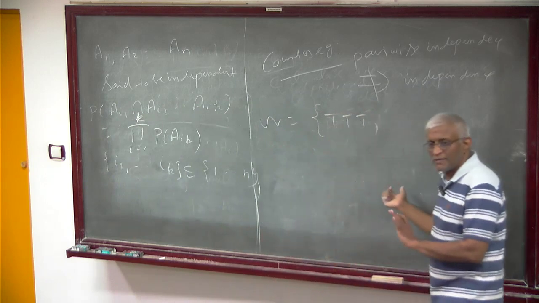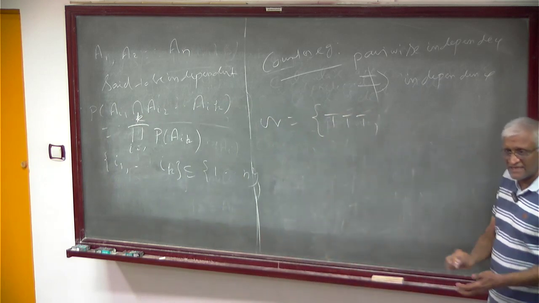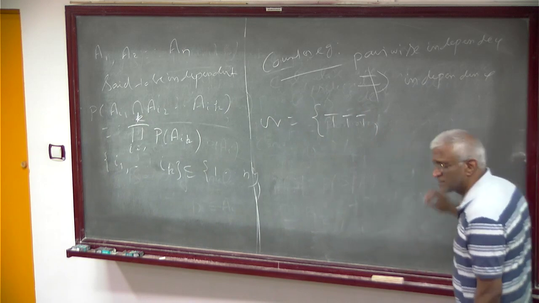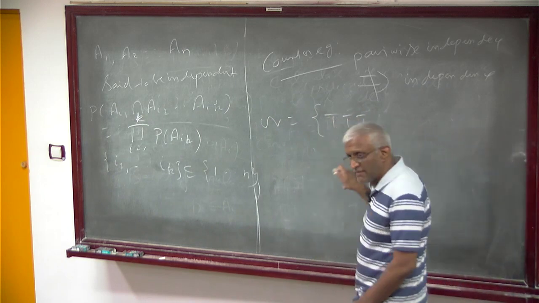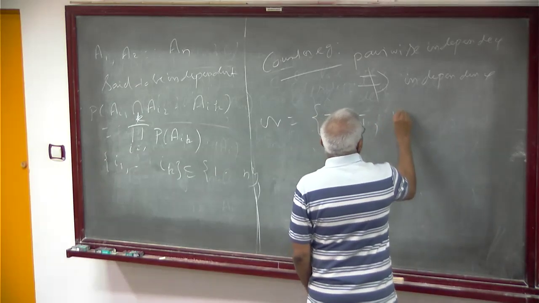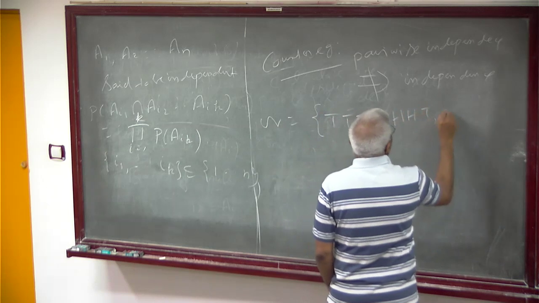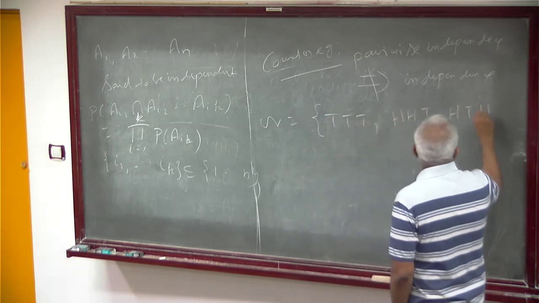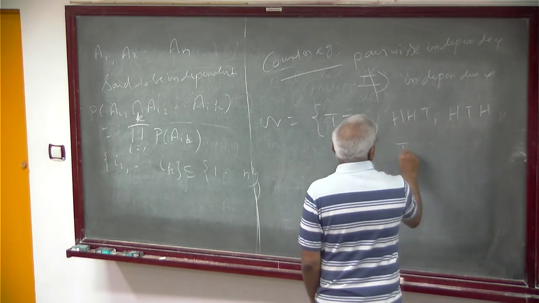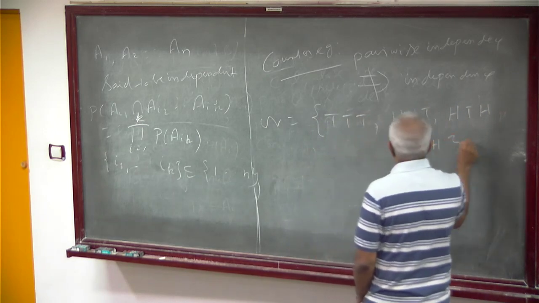You can take any probability space; it need not be consistent with reality. You assign the same kind of probability to each. The elements are TTT, H, H, T, H, T, H, and T, H, H. These are the 4 elements.